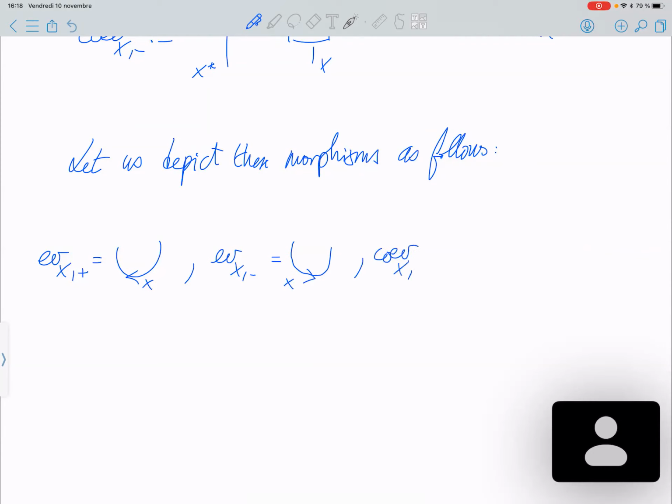Co-ev X plus will be like that, and co-ev X minus will be like that, with the opposite arrow.